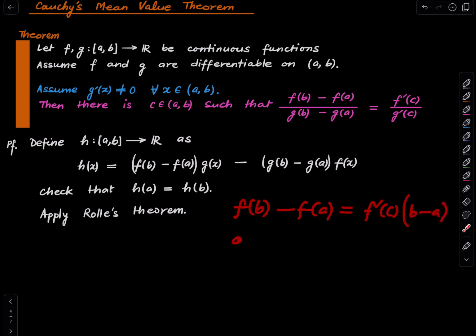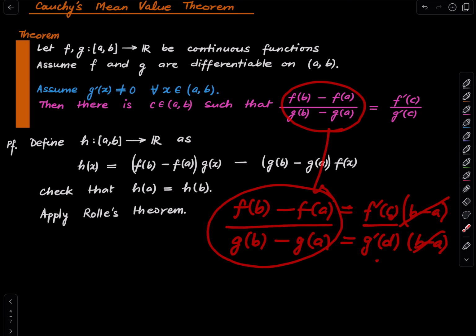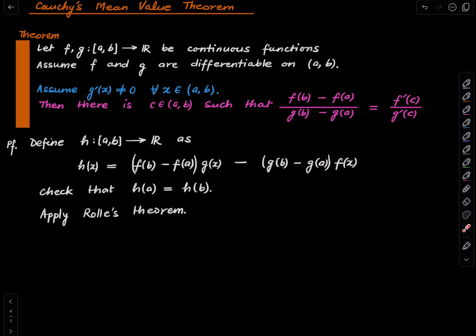And if we apply Lagrange's mean value theorem to g, we would get some d such that this happens. And now if we take the ratio, this cancels out, and we get that this ratio that we see over here is equal to f prime c divided by g prime d. So you can always manage with a different c at the top and below. But the theorem says that no, there is one single c which gives this equality. So it's a significant thing.